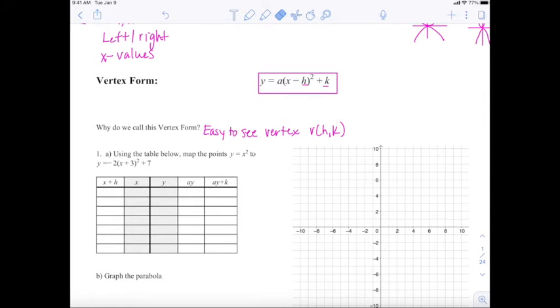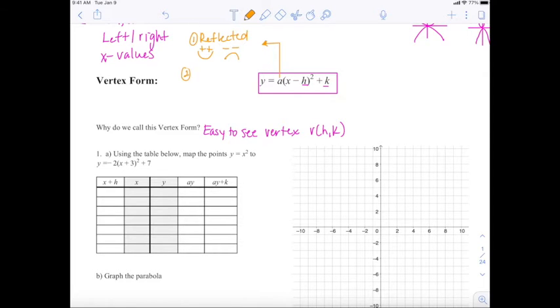Okay, so let's look at each of these together. Just a reminder, if I look at the a value here, a tells us two different things. a tells us whether or not our parabola is reflected. If a is positive, it's facing up. If a is negative, it's facing downward.